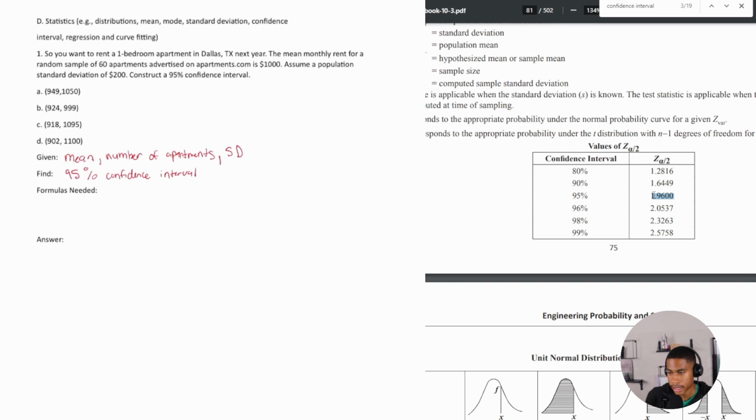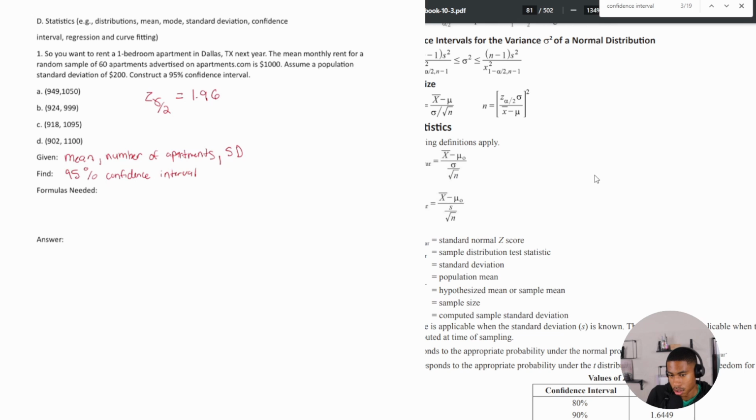So we need to use Z alpha divided by 2 equal to 1.96. That's the value we need for that.